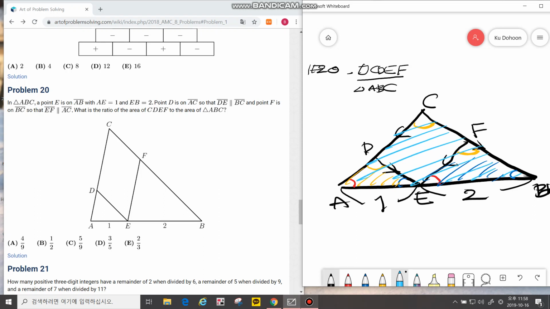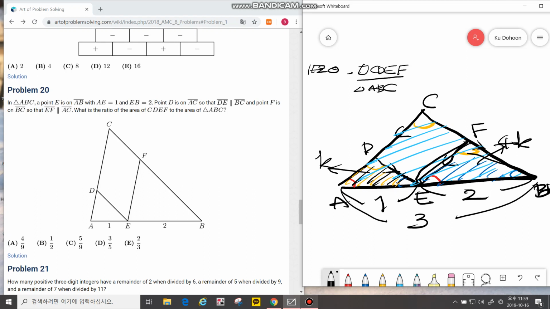So since we know that this is 1 and then 2, the whole length is 3. So we need to get the ratio here, right? For example, let's say the area of triangle ADE is K. Then the area of this one becomes 4K, right? And now the area of the whole triangle ABC is 9K.